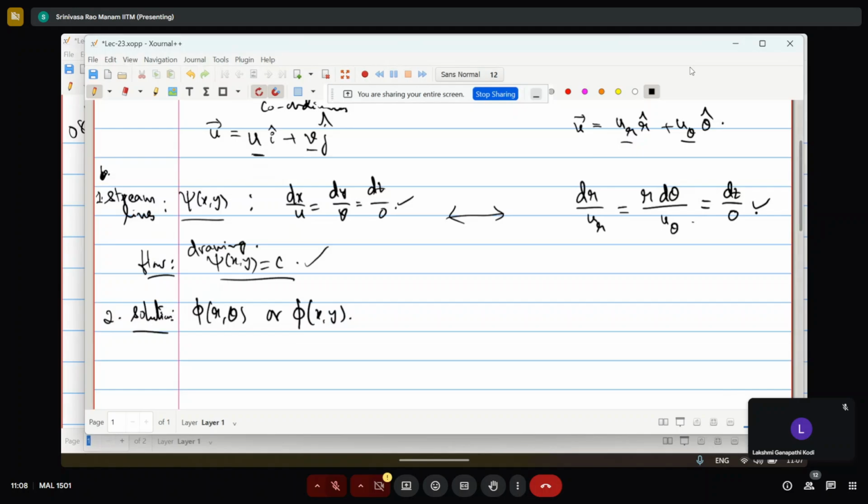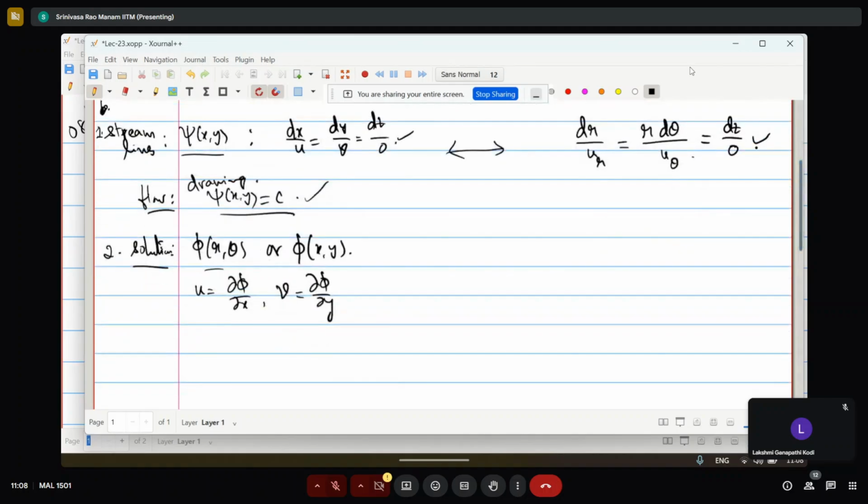Using this solution, once you convert it into phi of x, y, then you know u equal to dou phi by dou x, and v equal to dou phi by dou y. This we know, right? Once you know this, you know u, v.